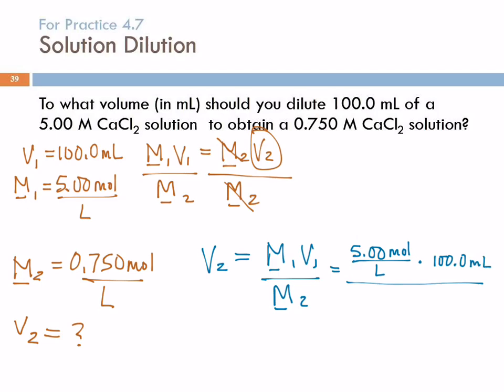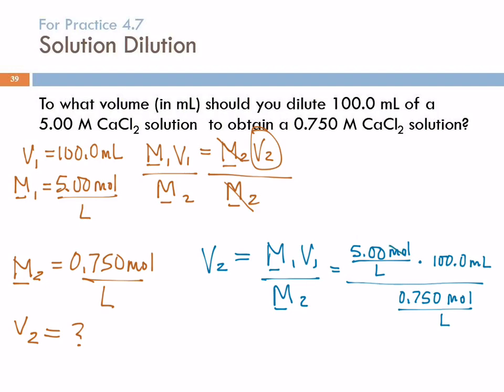And I'm dividing by molarity 2, 0.750 moles per liter. Before we do the math, let's look at the units. What happens to the units? They all cancel out except the milliliters.